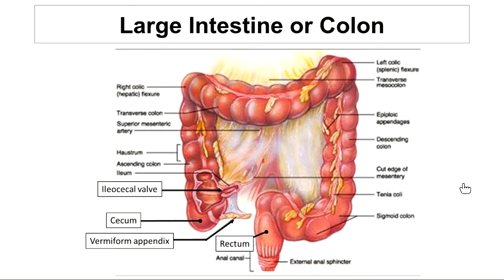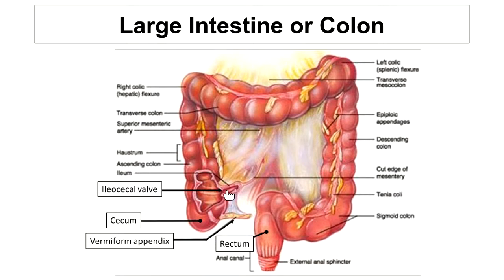Now, where the small intestine joins the large intestine, there's a little sac there called the cecum. C-E-C-U-M. It means blind sac or pouch at the junction of the large and small intestine. And there's a valve between the small intestine and the large intestine named after that.